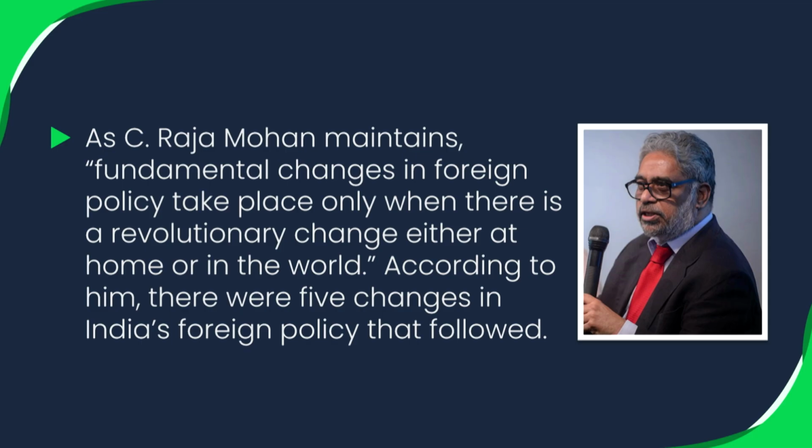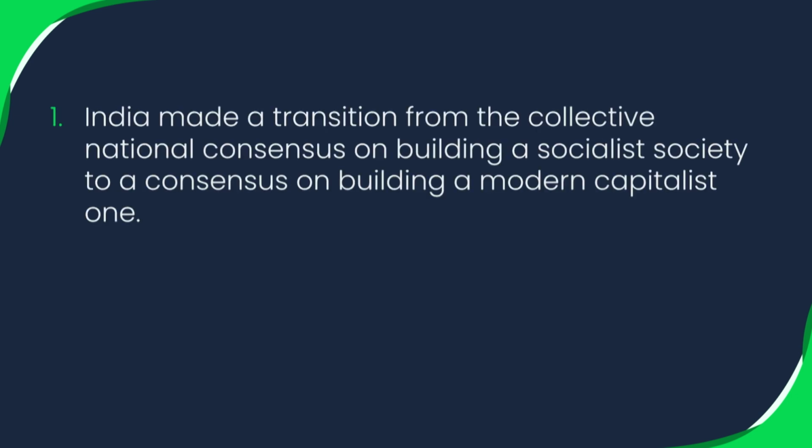As C. Raja Mohan maintains, I quote, "Fundamental changes in foreign policy take place only when there is a revolutionary change either at home or in the world." End quote. According to him, there were 5 changes in India's foreign policy that followed. India made a transition from the collective national consensus on building a socialist society to a consensus on building a modern capitalist one.